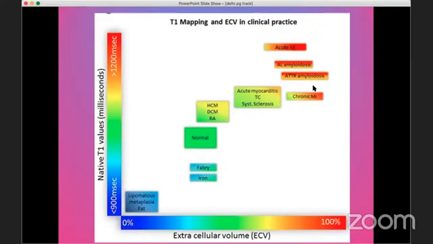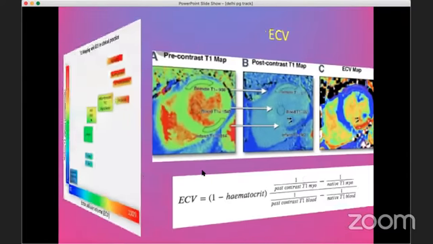So the highest T1s and ECVs are with the amyloidosis, and the highest T1 is with acute MI. So amyloidosis is on one part of the graph with a very high ECV and T1, and Fabry's disease is on the complete other end of the spectrum with a low T1 and ECV.